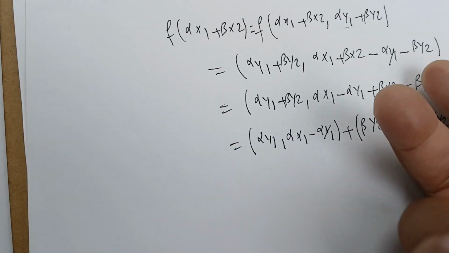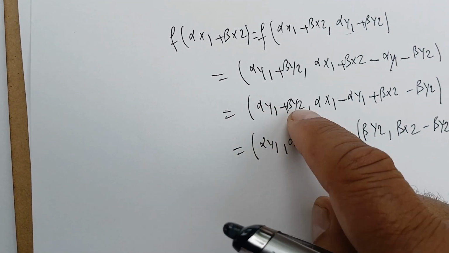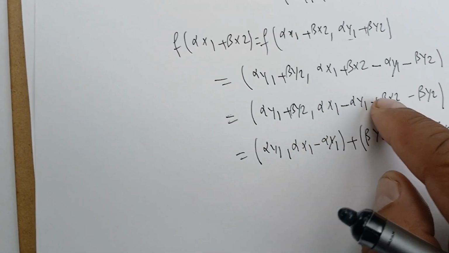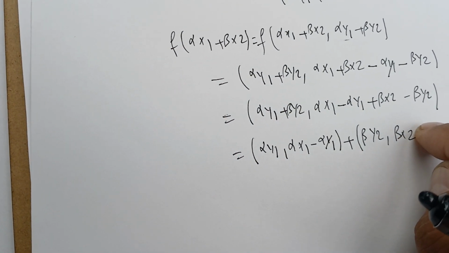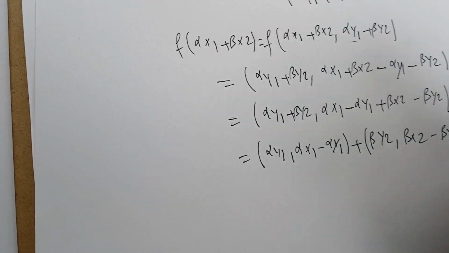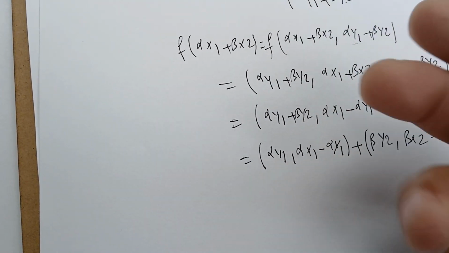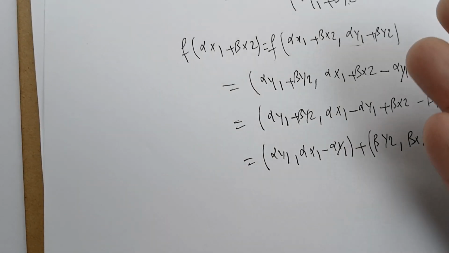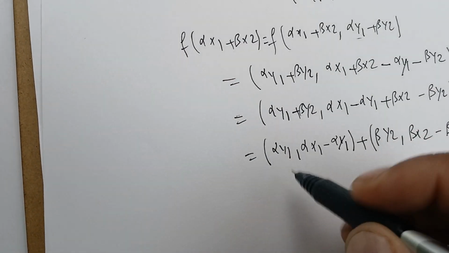Try to group the components that have alpha together and the components that have beta together. This would make it easier if you have x, y, z, or maybe four coordinates. This is the quickest way to get the result.